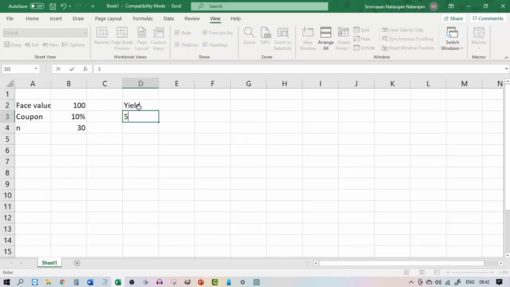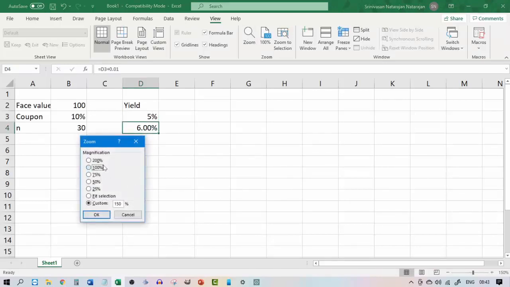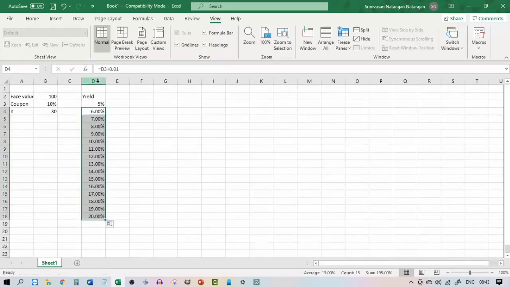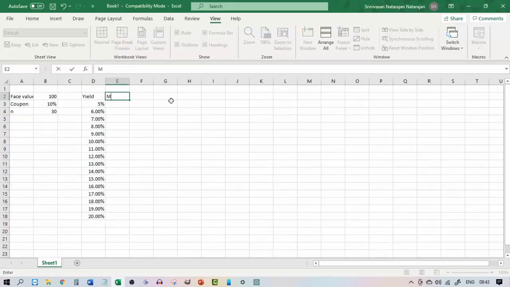So we'll start with 5%, and then we'll keep increasing this by 1%. And let me just zoom it back. So let's copy it right up to 20%, and here we calculate the market price.